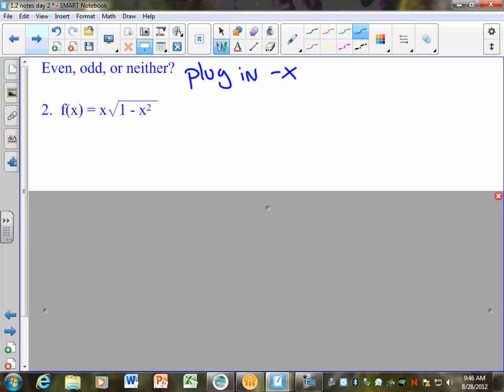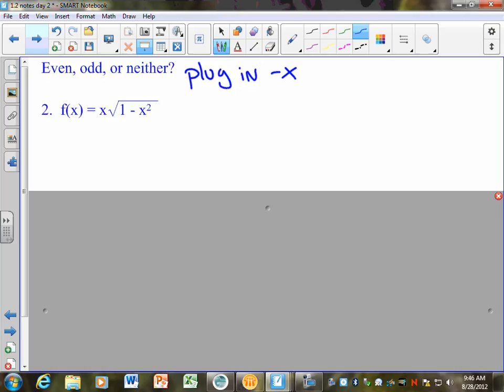You should get back the exact same problem that you started with. If it's odd, you should get back the exact opposite problem. Like you should be able to factor a negative out and then have the same problem there. If it's somewhere in between, like some things change signs and some things don't change signs, then it's neither. All right, so you're looking for either the exact same thing, the exact opposite.